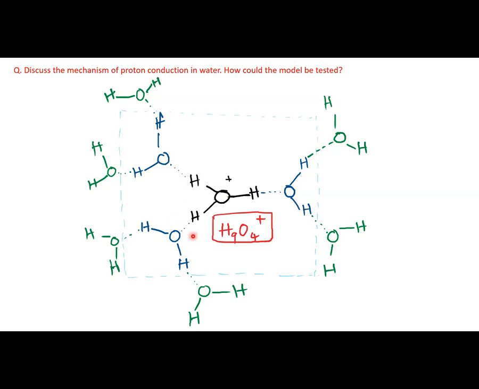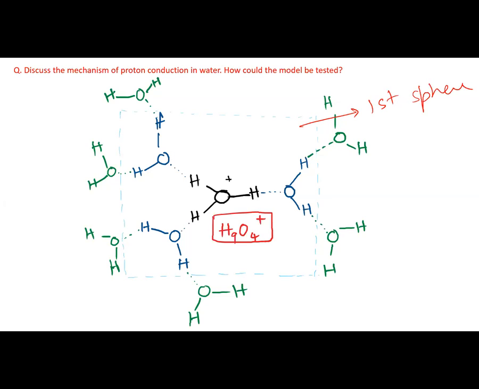Let's imagine this is the H3O plus ion, which is bonded to three other water molecules by means of hydrogen bonds. And let's say that this is the first coordination sphere.